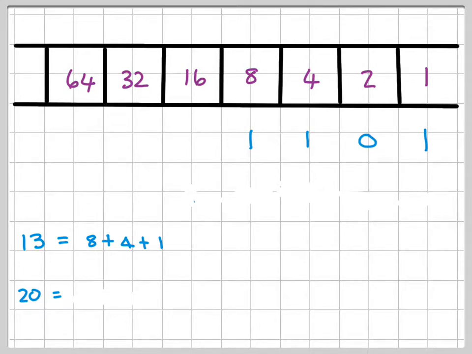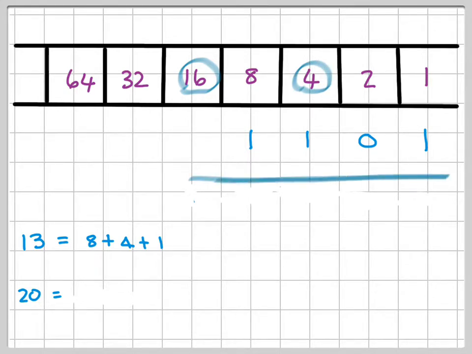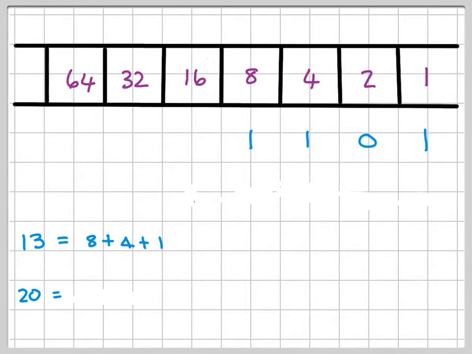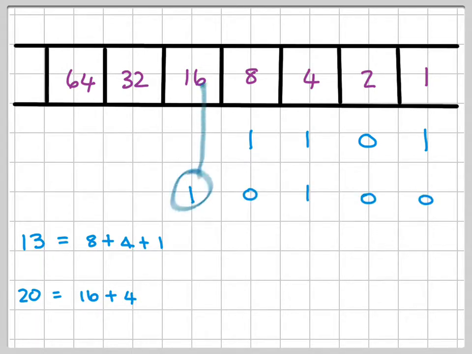Now let's do 20. 20 we would probably add 16 plus 4, because that comes perfectly to 20. So now we're going to write on this line over here what we need to put in to get to what 20 would represent. So we want a 16 and we want a 4. So we're going to put 1 16, 0 8s, 1 4, and 0 of everything else.